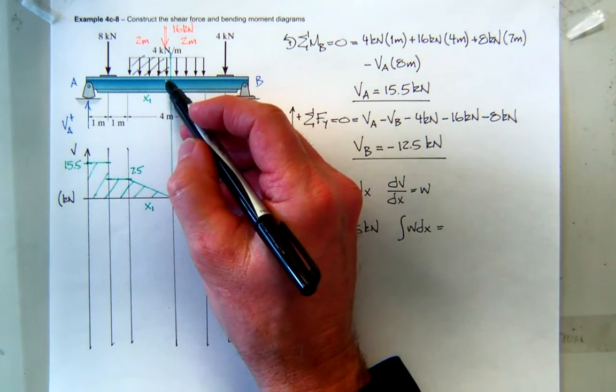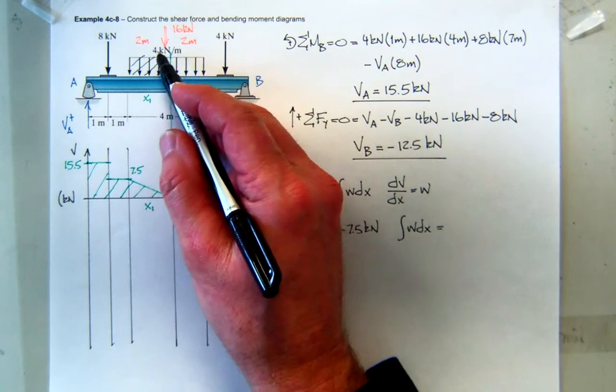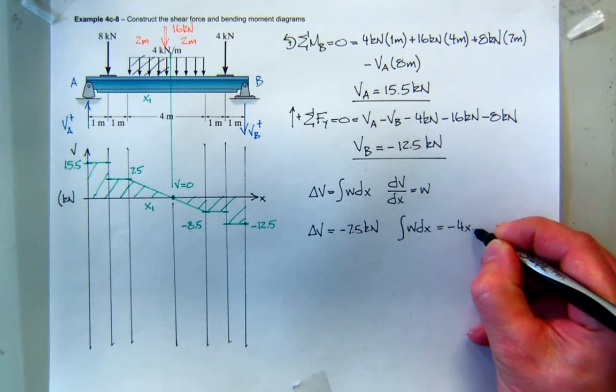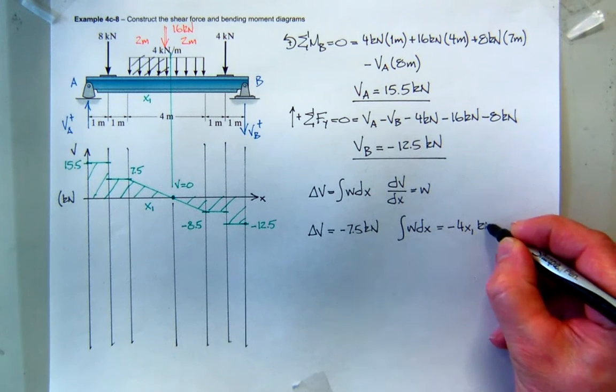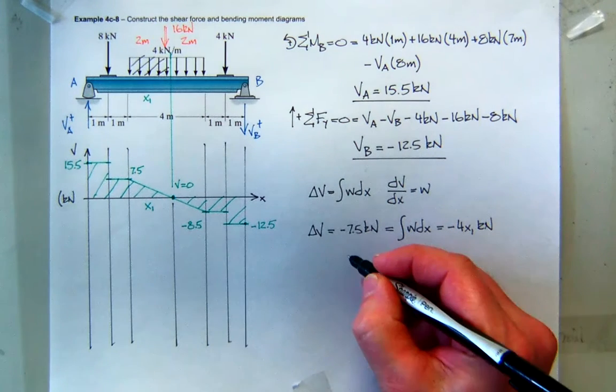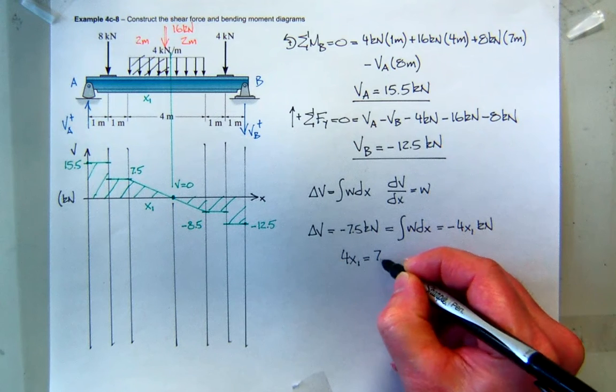Well, it's a rectangle. It has a base of x1 and a height of 4, so that'd be minus 4x1 kilonewtons. Those two things are equal, so you get an equation that says 4x1 is equal to 7.5.